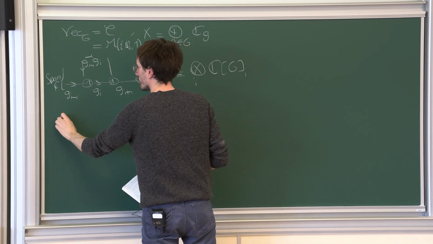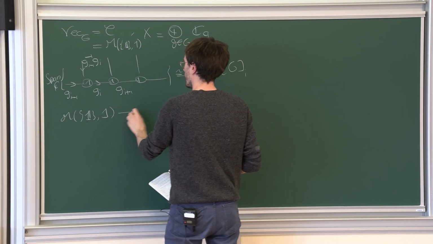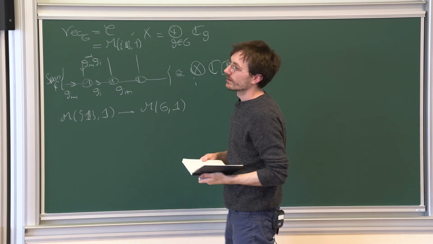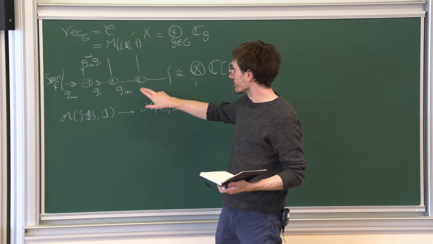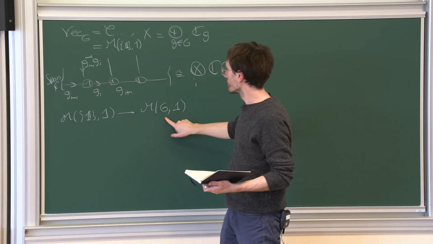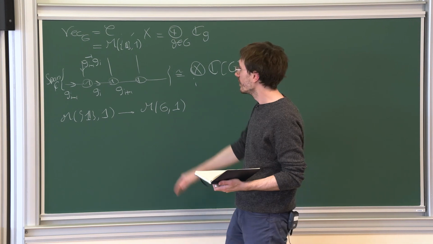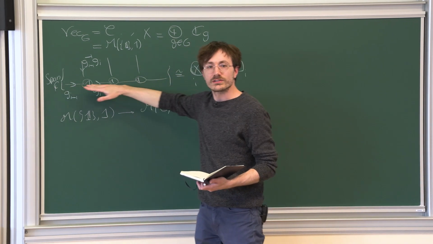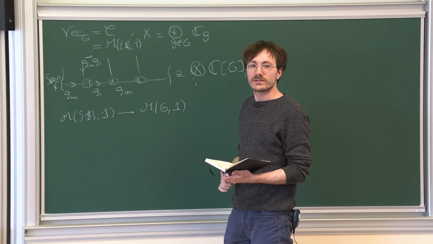Now if I do the opposite, where I take the whole group instead, I told you that the simple objects were given by the quotient, so the objects in the module category are given by the quotient of G by G, so you're left with basically nothing, which means that there are no degrees of freedom anymore on these horizontal lines. The only things that survive are those on the vertical lines.